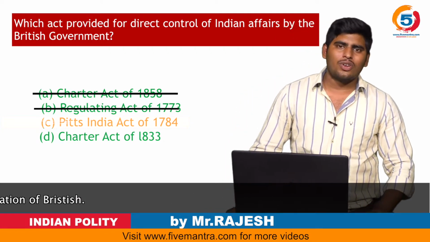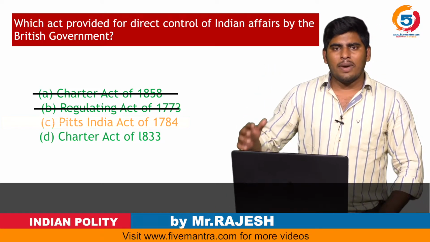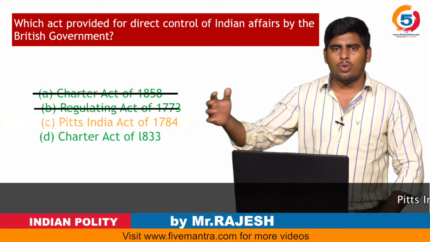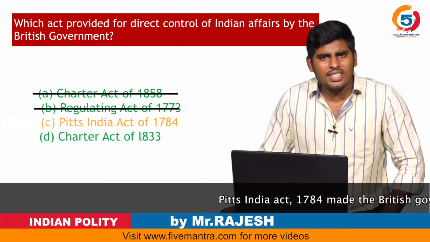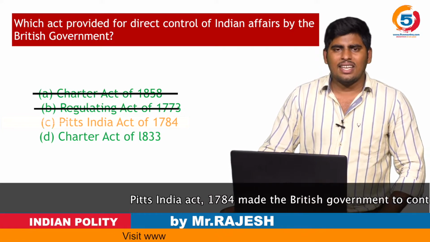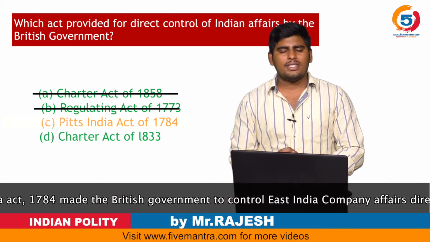Through the Board of Control, the British government established its firm control over the activities of the East India Company. So with this act, the East India Company came under the control of the British government.